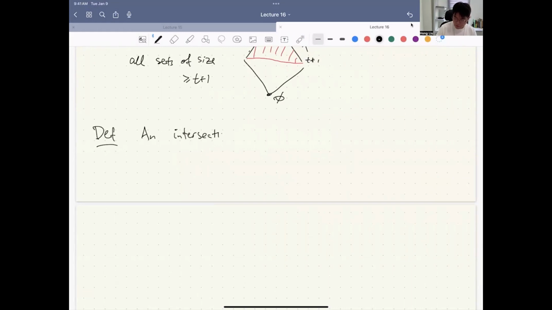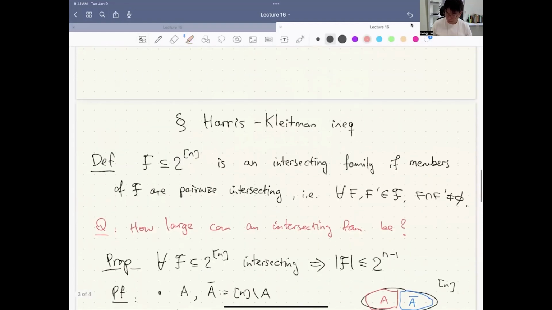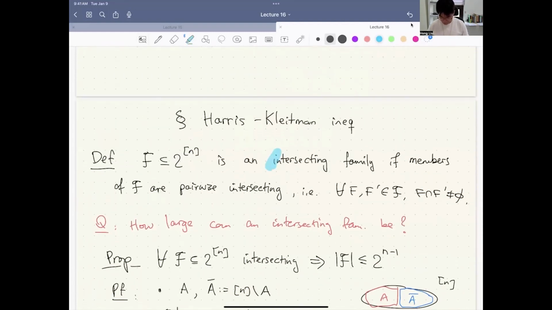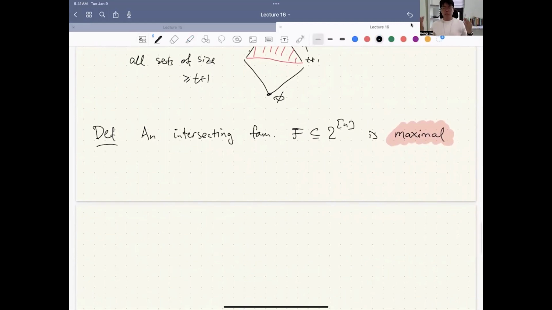An intersecting family is maximal if it itself is intersecting, but if you add any set that's not in F into F, it's not intersecting anymore.